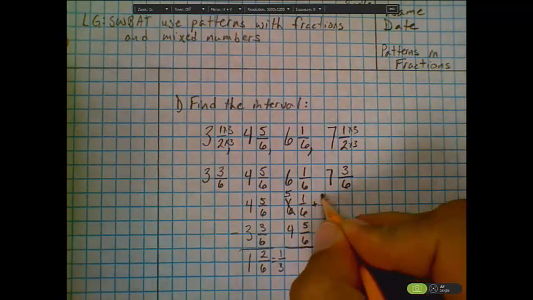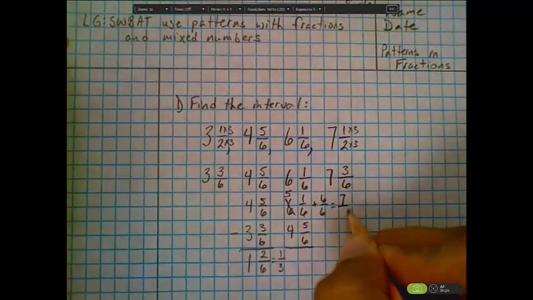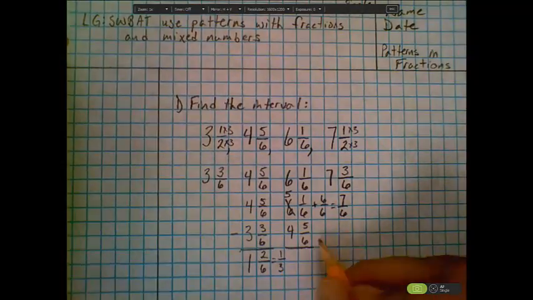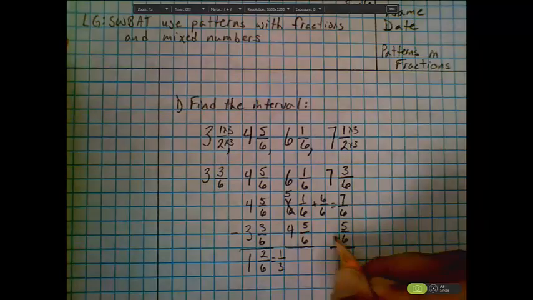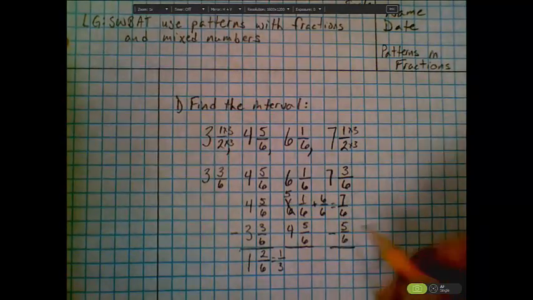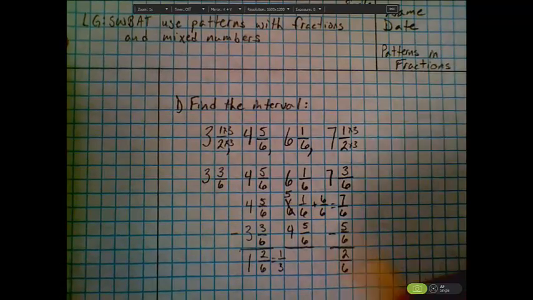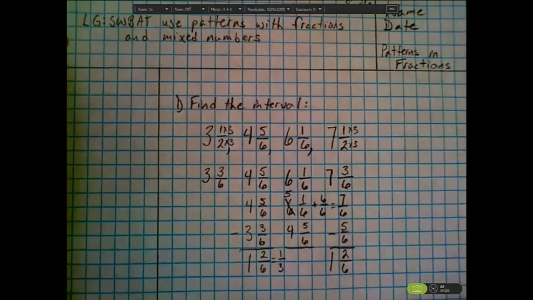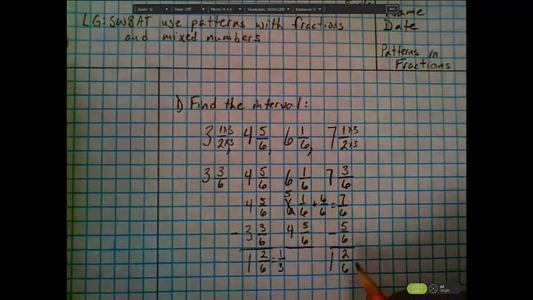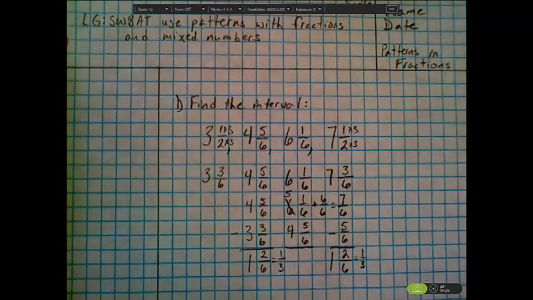We're going to add 6/6, which is going to become 7/6. Bring over the 5/6. Now we subtract like we normally would. 7 minus 5 is 2. Keep the denominator. Subtract the whole number. 5 minus 4 is 1. So again, we have 1 and 2/6. We can simplify that to 1/3.